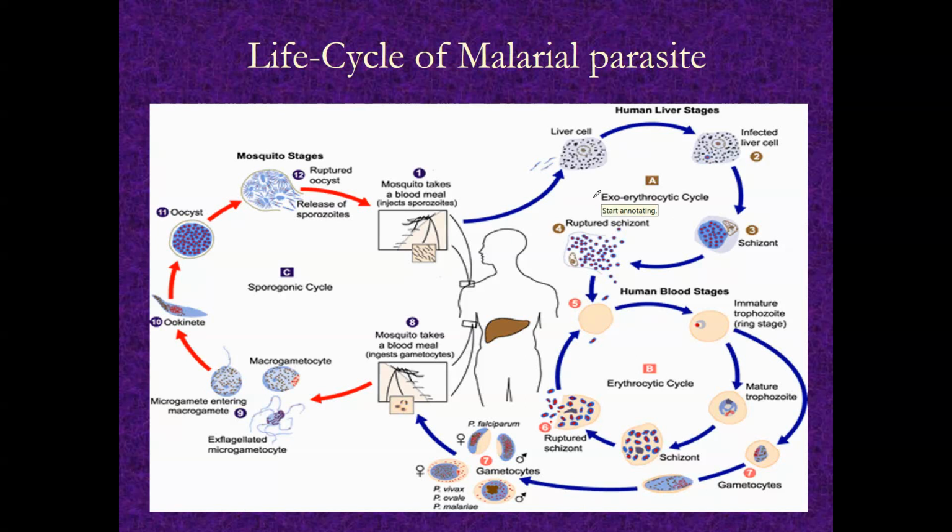One is the life in the liver cell, multiplication in the liver cell, and another is life in the red blood cell, the erythrocytic cycle, in which this parasite enters the red blood cell and multiplies over there. And during multiplication, the malarial parasite uses the proteins available in the red blood cell for multiplication in the cell.